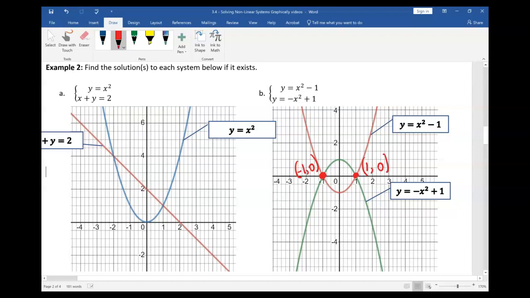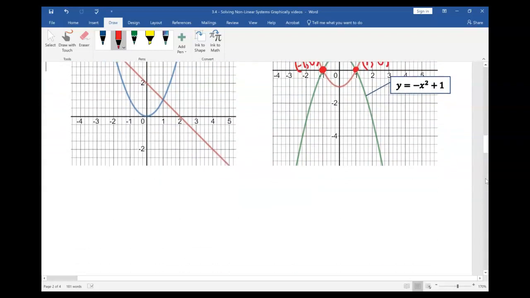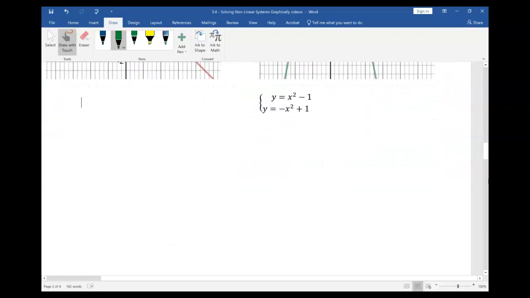After we write down the points, now we have to check to see if they satisfy both equations. So let's do that. I copy the system so we can see the equations. Let's check for the first point. The first point we found was -1, 0, where -1 represents the x and 0 represents the y.